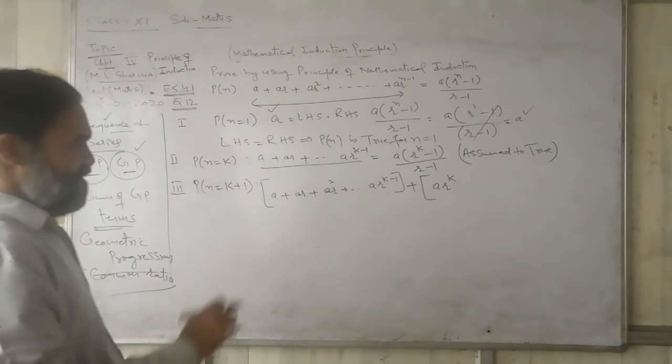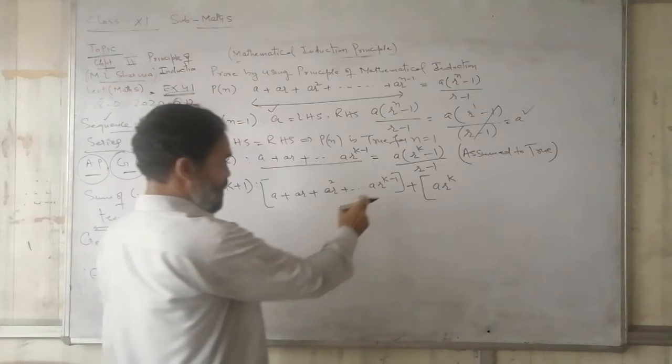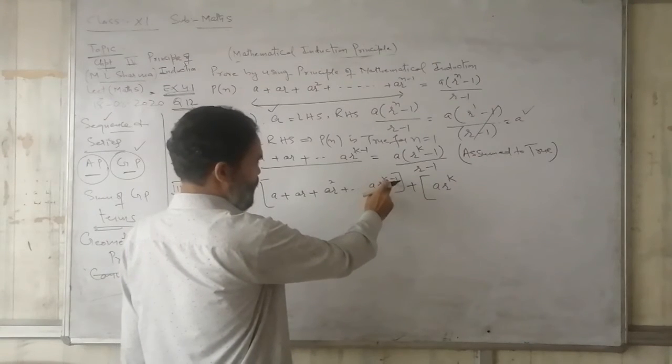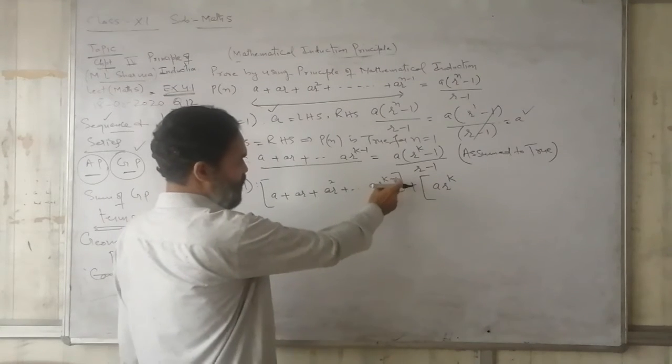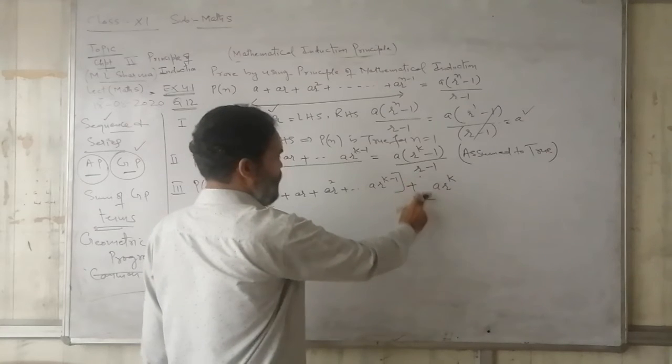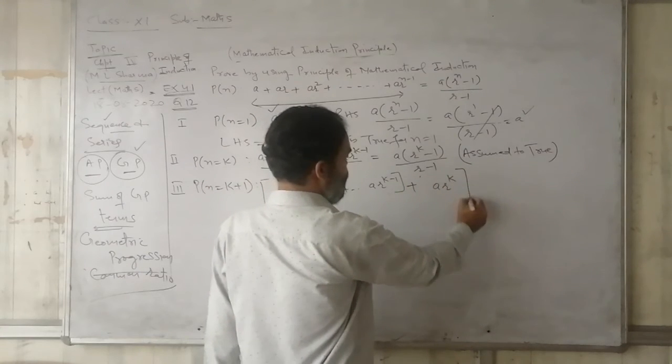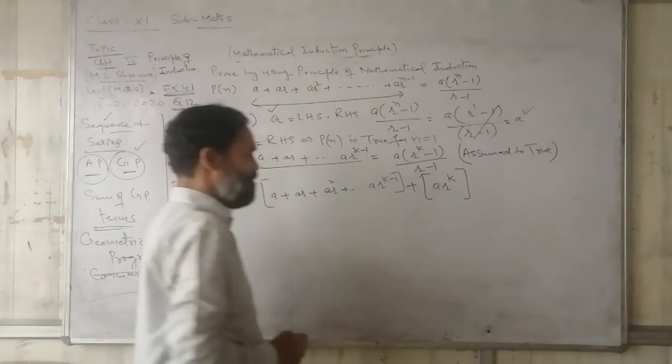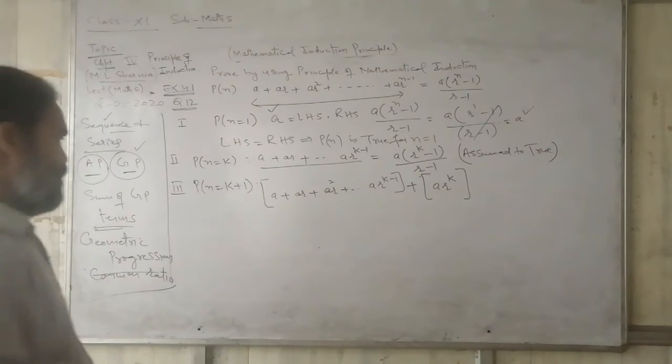Instead of K, the next term will be K plus 1. If I write K plus 1 here, 1 and 1 will cancel, so I am left with only A R raised to power K. You can put this inside the bracket.